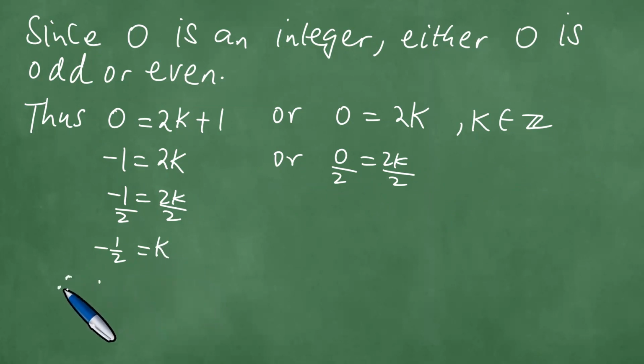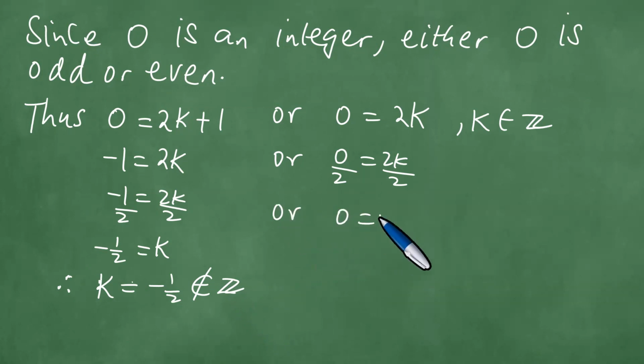And the conclusion at this point is that k equals -1/2. But this -1/2 is not an integer. Whereas on the other side, we have that 0 is equal to 2k, which means that k equals 0, and 0 is an element of the set of integers.